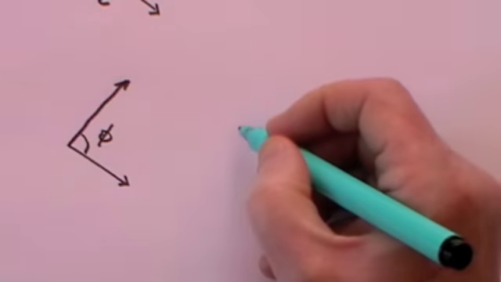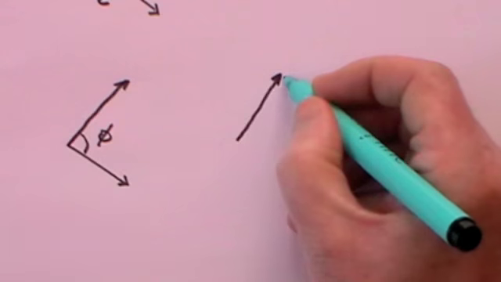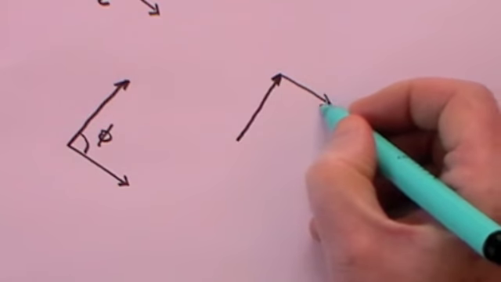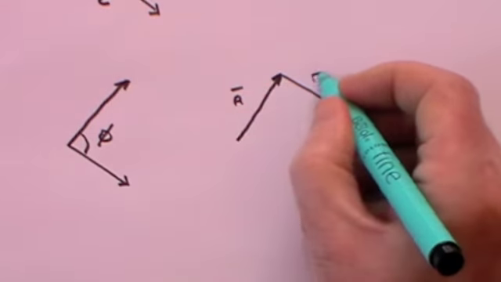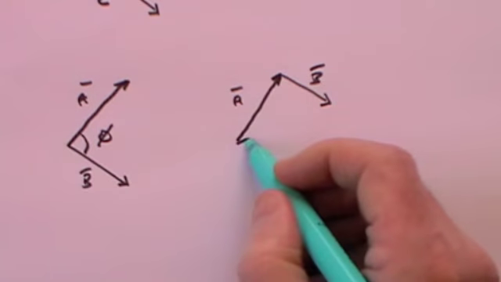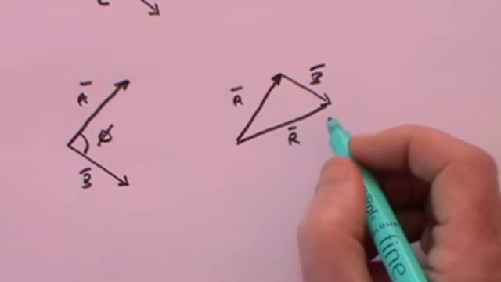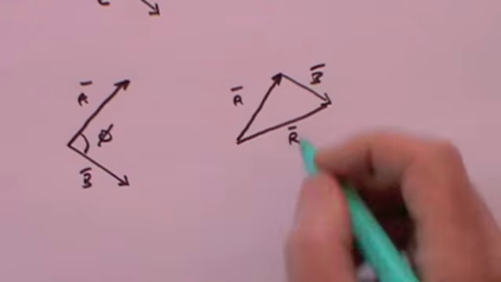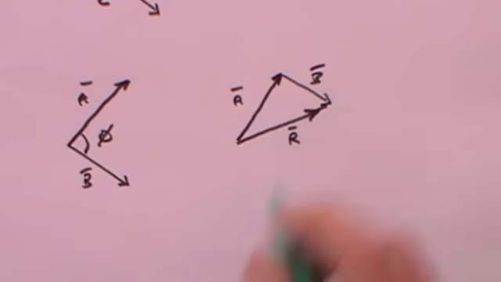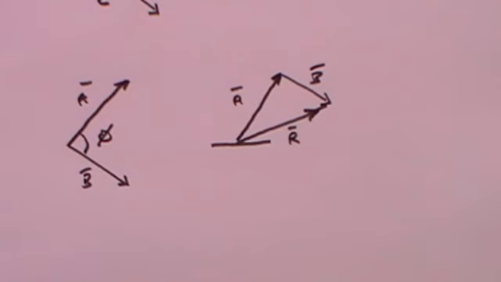Now, of course, what we could do, according to what we've just done, is to draw vector A and then tip to tail vector B. So that's A, that's B. And then the resultant is the tail of the first to the tip of the last. That is the resultant. I could do that, and the direction of the resultant is that way, and the angle is the angle to the x-axis like that.